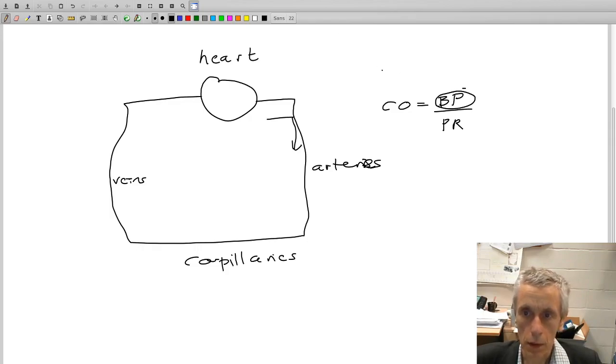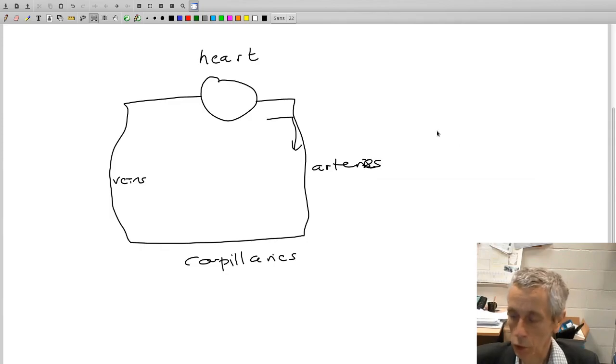So let's redo this. Let's get rid of that and write it in a different form. So blood pressure equals cardiac output times total peripheral resistance.